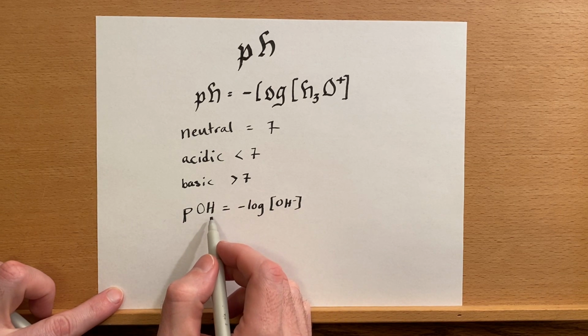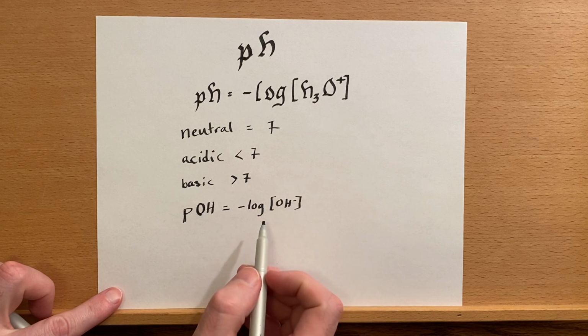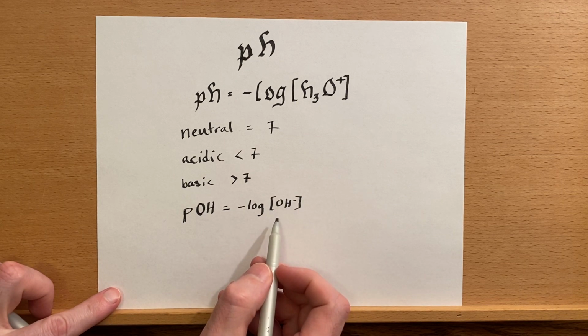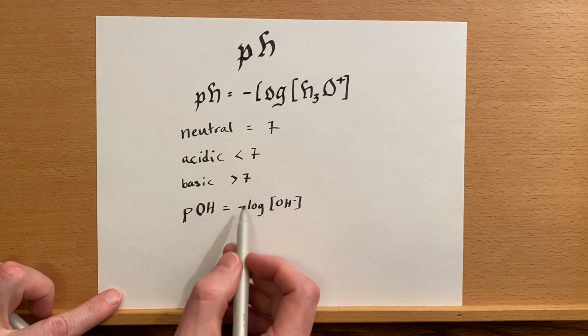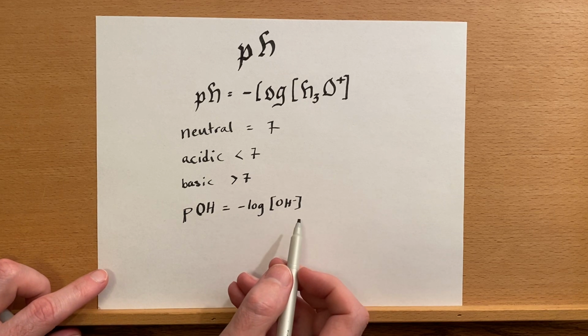This scale is exactly the opposite of the pH scale, where in this case strong bases would be a very low number and strong acids would be a very high number.